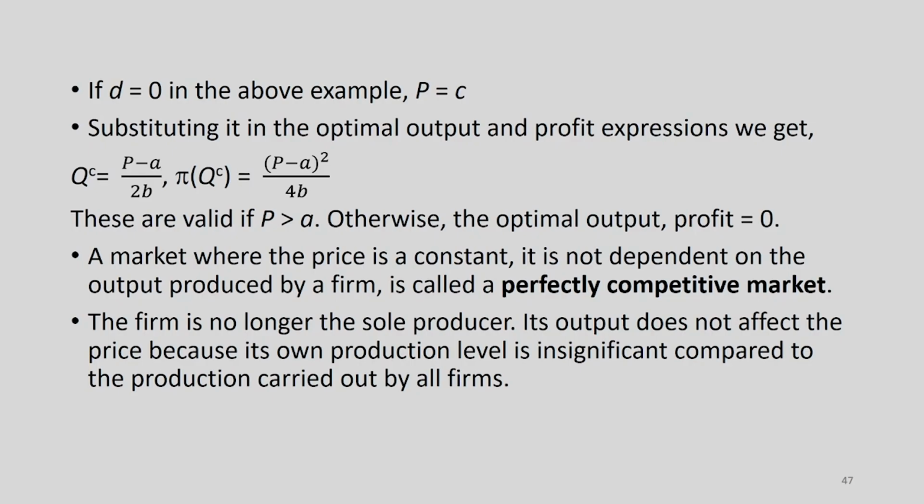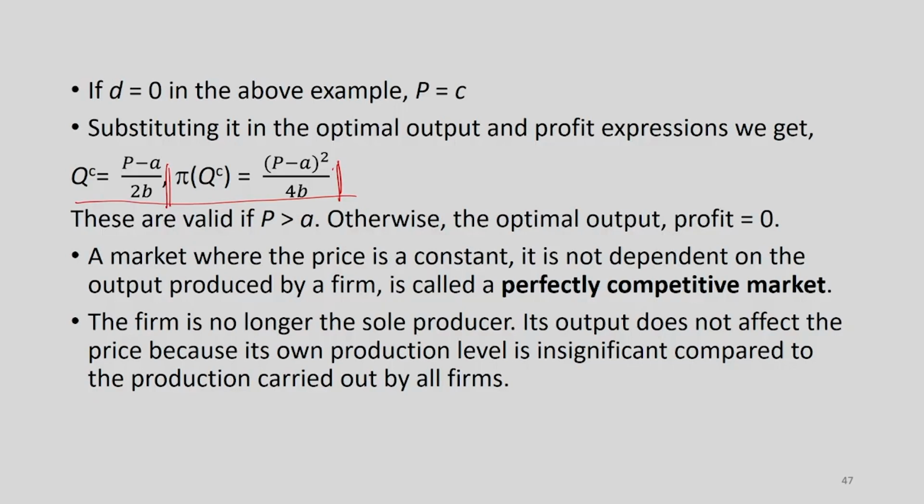Substituting this in the optimal output and profit expressions, we get these two. So, instead of q star and pi star, I am writing q c and pi c. This is the special case where d is equal to 0, and if we just put d equal to 0 you get these two expressions. And obviously, these will be meaningful expressions if p is strictly greater than a, otherwise the optimal output and profit will be 0.